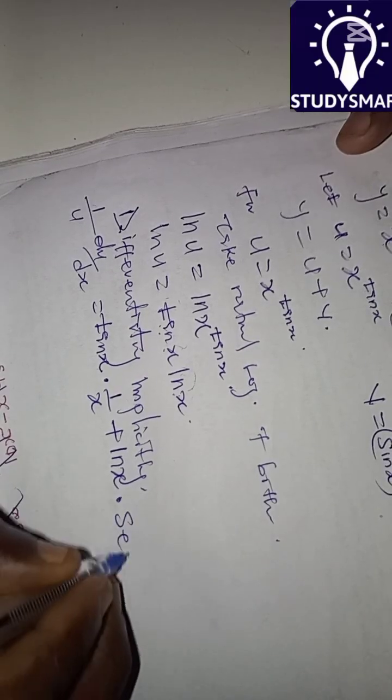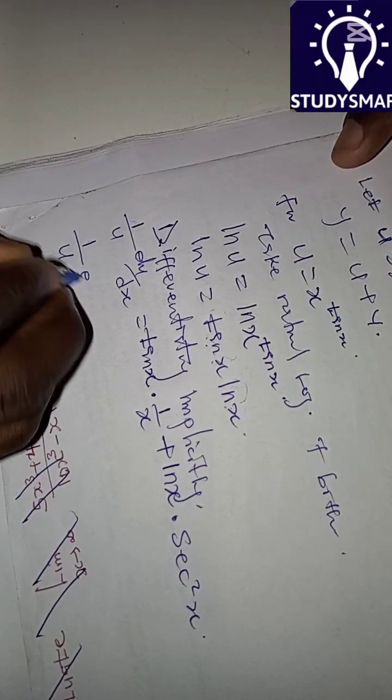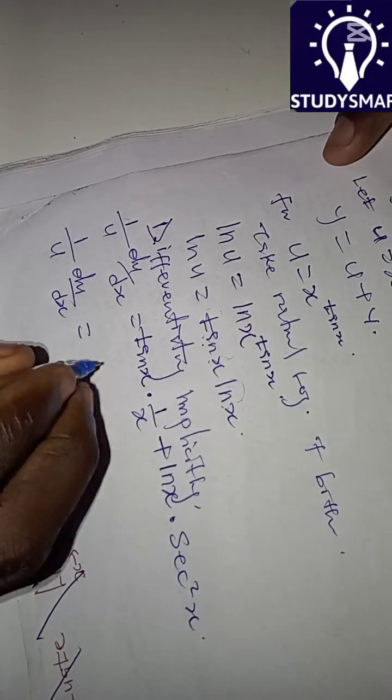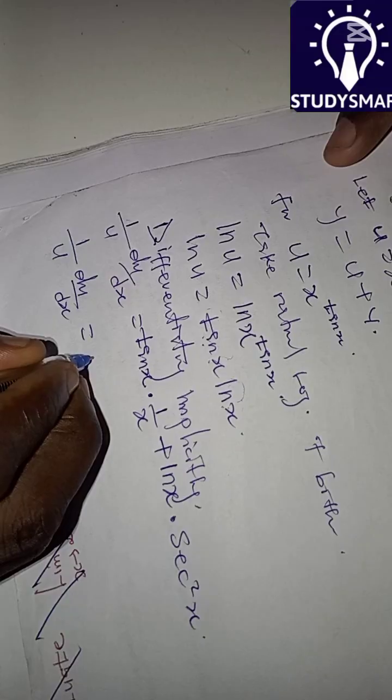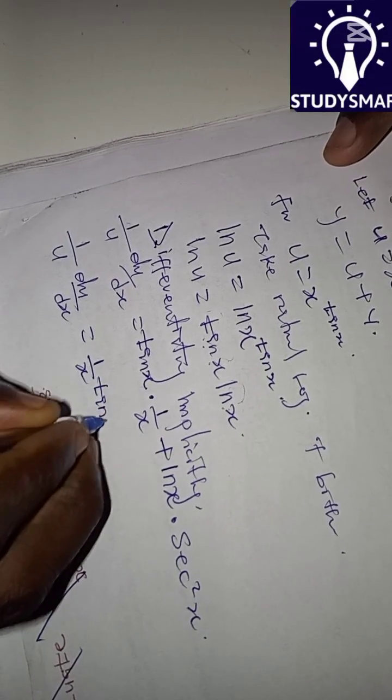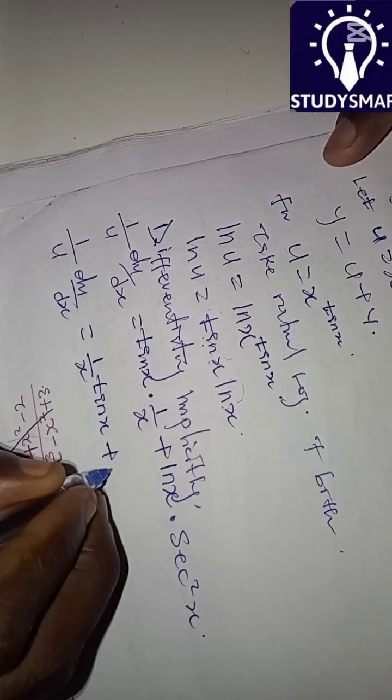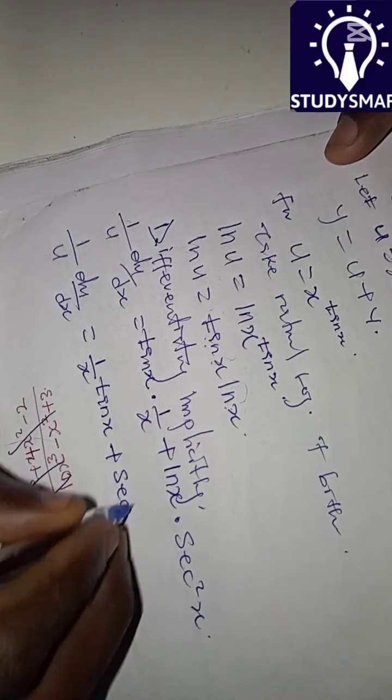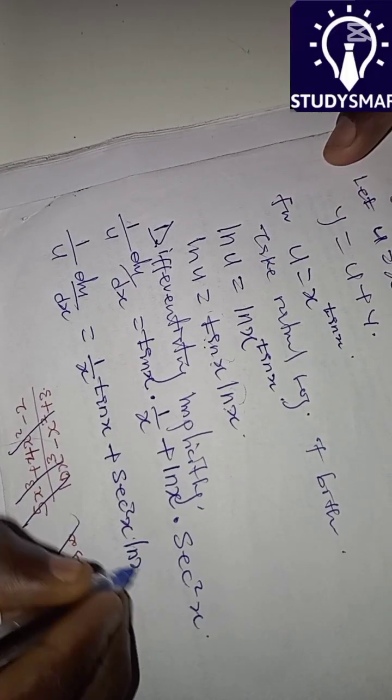So 1 over u du dx will be equal to 1 over x tan x plus sec squared x ln x.